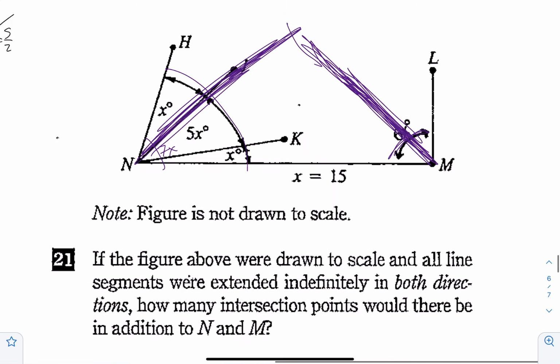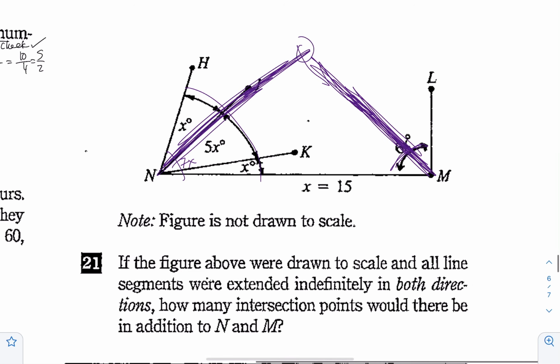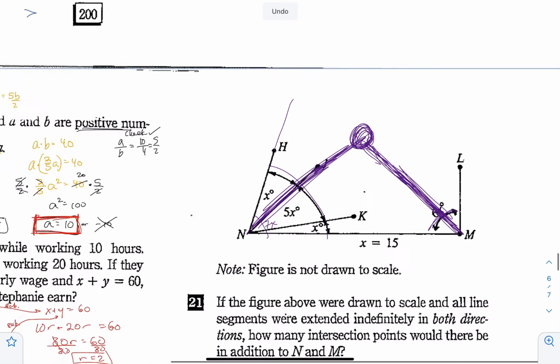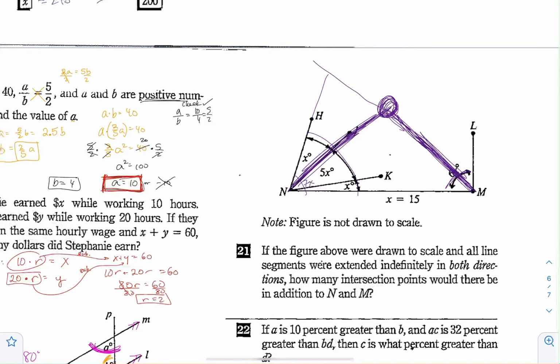So if you extend them indefinitely, you'll definitely have this point. You made this isosceles triangle. And then if you continue, you'll have another intersection point here. So then L actually goes here.